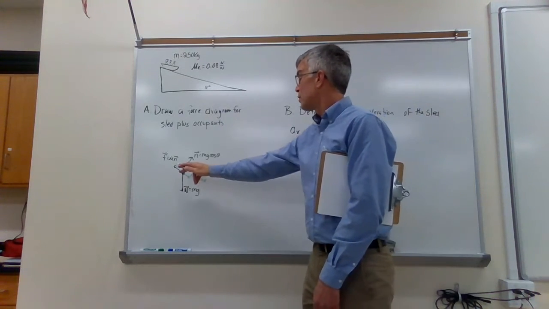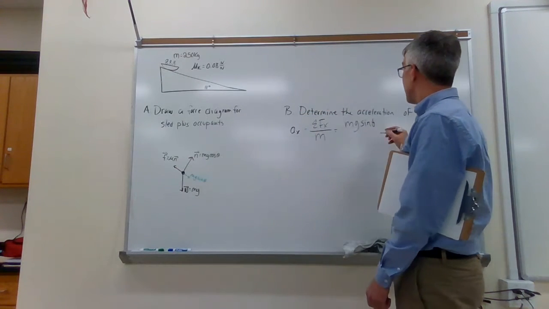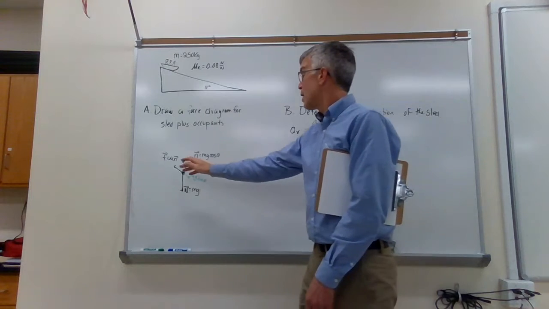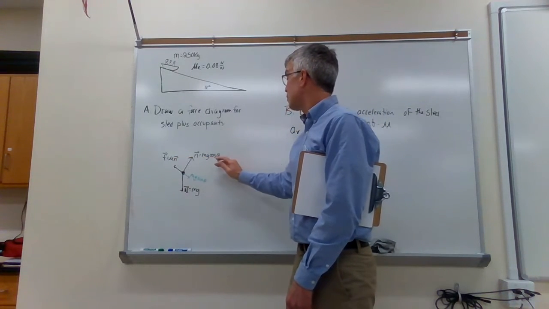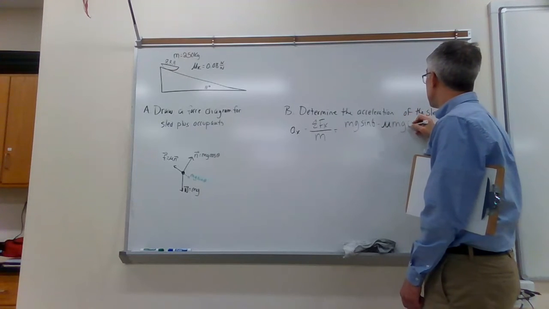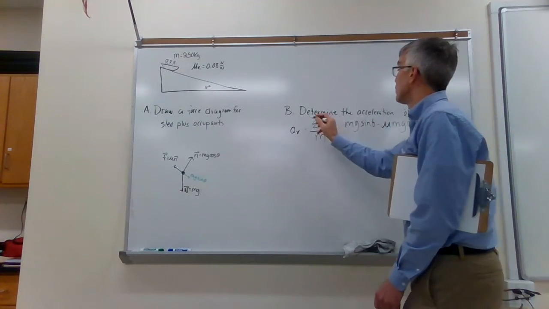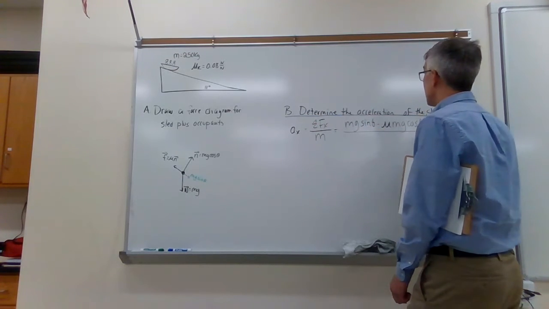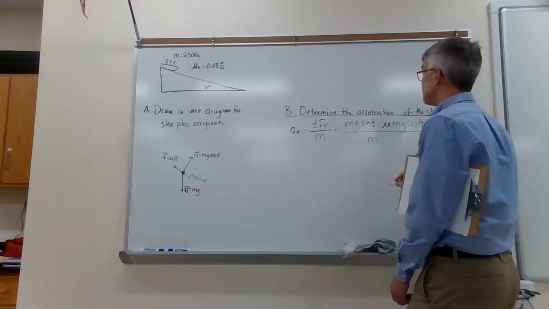I've got a friction force up the ramp, let's call that the negative direction. Now, N is mg cosine theta, so the friction force is mu times mg cosine theta. All of that will be divided by the mass.